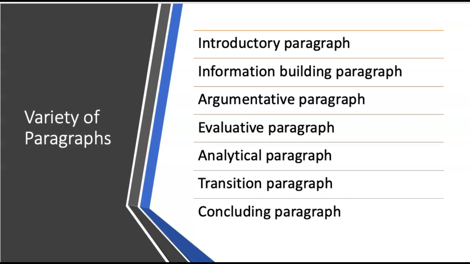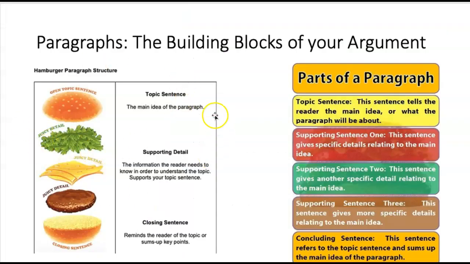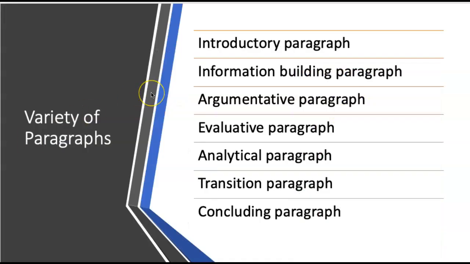So going back, although this has some merit, as I said, we need to understand that the paragraph is a very versatile tool. And it's very important that we see it in terms of its function at text level, in terms of a far greater global argument.